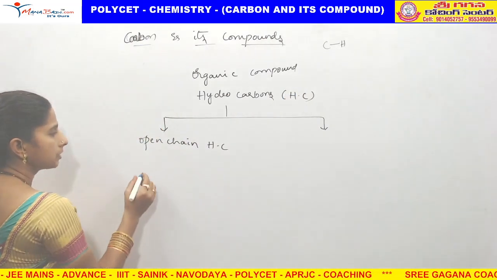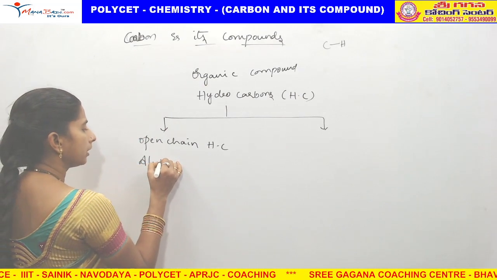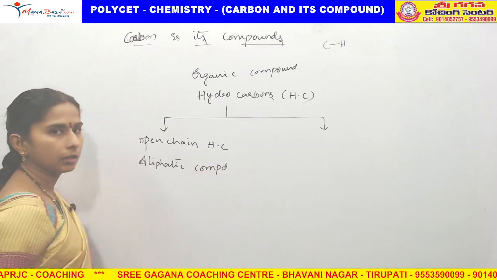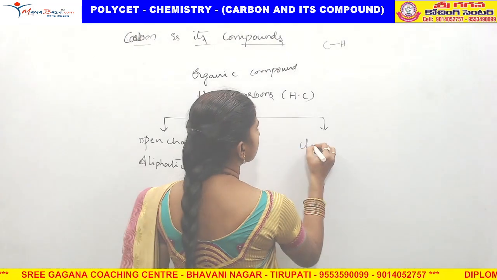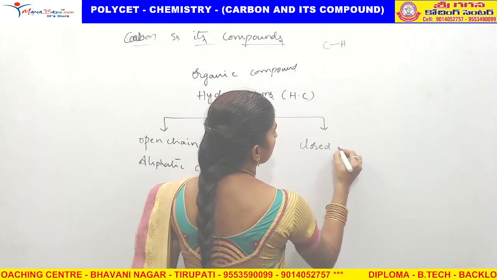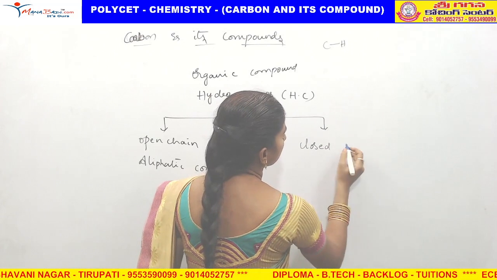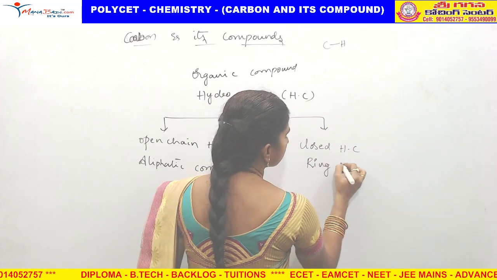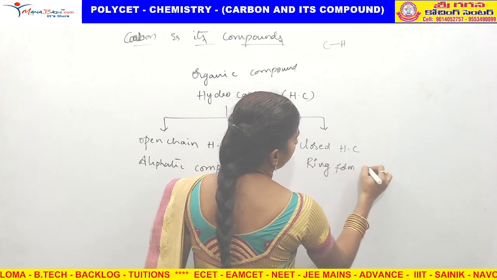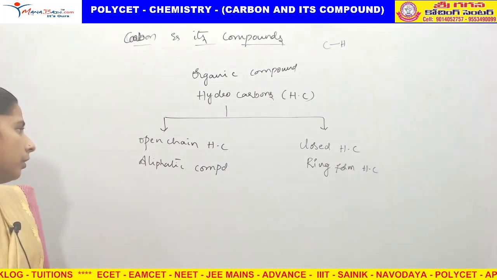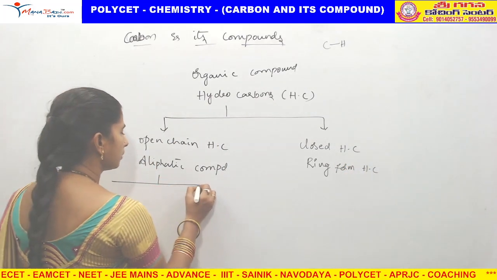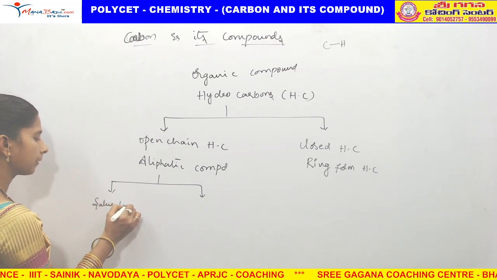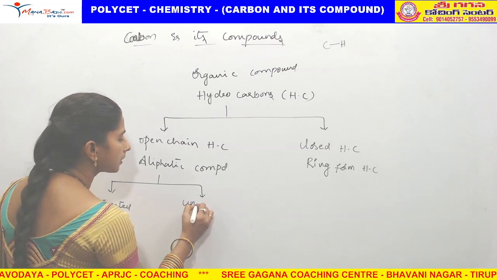Open chain hydrocarbons are called aliphatic compounds, and closed, ring form of hydrocarbons. In these aliphatic hydrocarbons, again 2 types. One is saturated hydrocarbons. Another one is unsaturated.